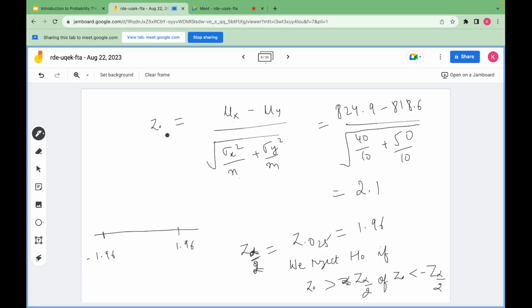We want to see where our z0 lies. Our z0 lies here, 2.1. So this is in the rejection region, the critical region, and our z0 lies in this region. That's why we reject H0.